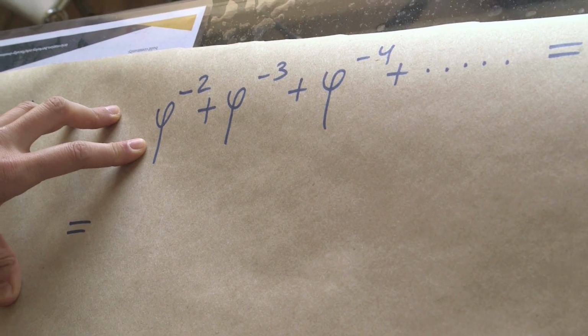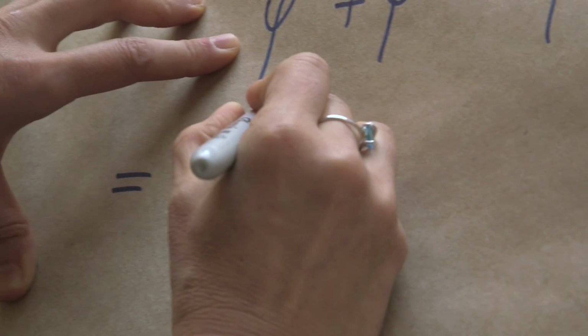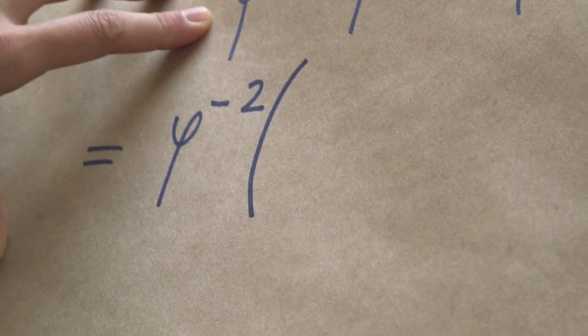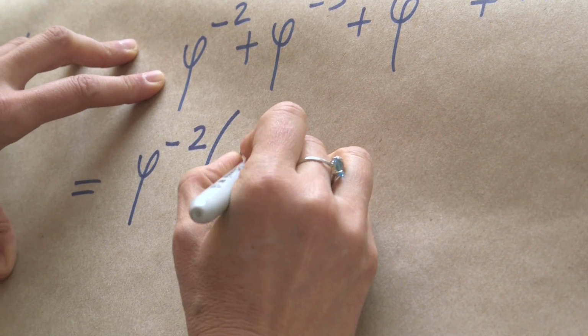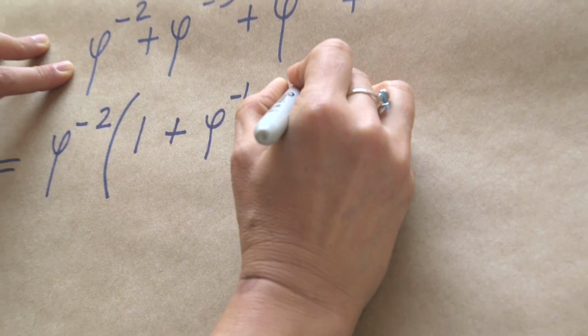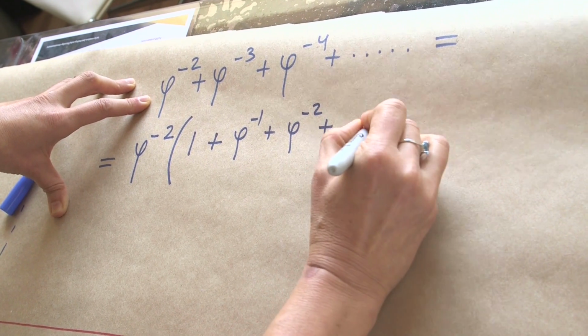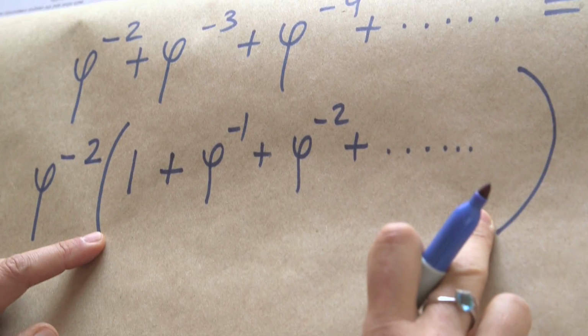Now, this is just way too complicated. Let me factor the first one. And what will be left? 1 plus phi to the minus 1 plus phi to the minus 2 plus etc. But guess what? We just computed this a while ago.